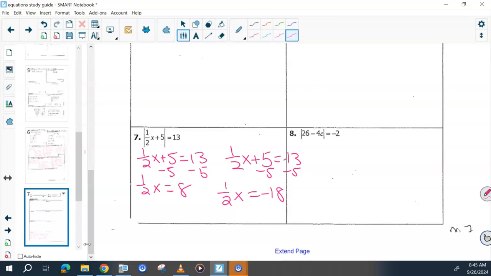And then instead of dividing both sides by the fraction, multiply both sides by the reciprocal. Flip it, multiply by 2 to both equations. 16 and negative 36.